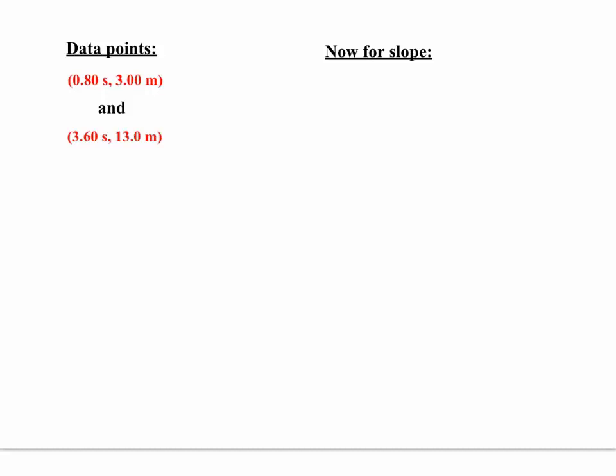So now let's move into the slope calculation piece. You've probably heard the term rise over run from math class, or hopefully you've heard that slope is equal to the change in y over the change in x. When you see this triangle, that's the Greek letter delta, and we use it to signify a change.